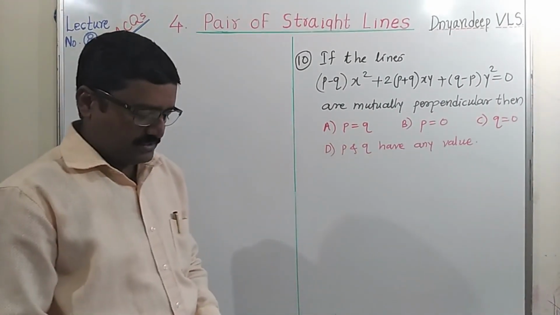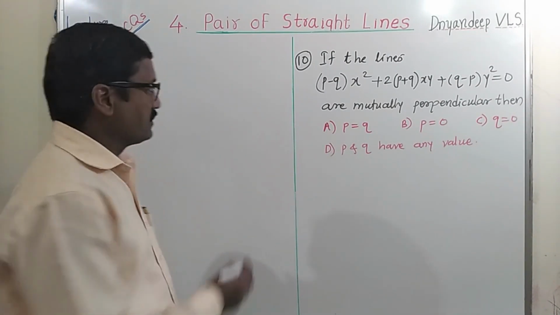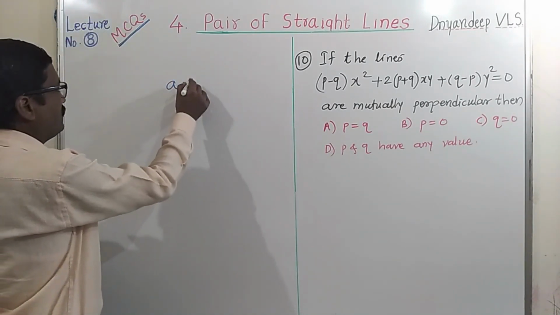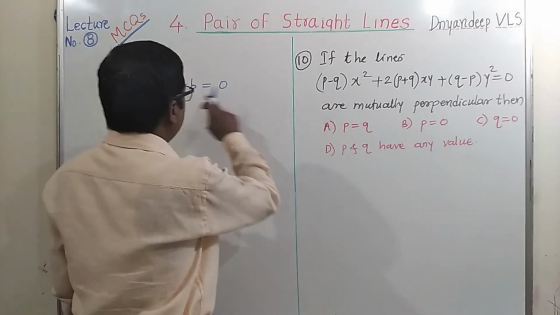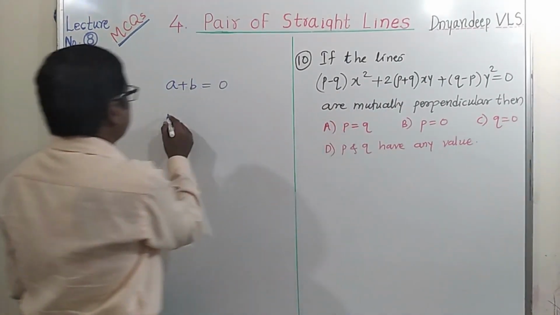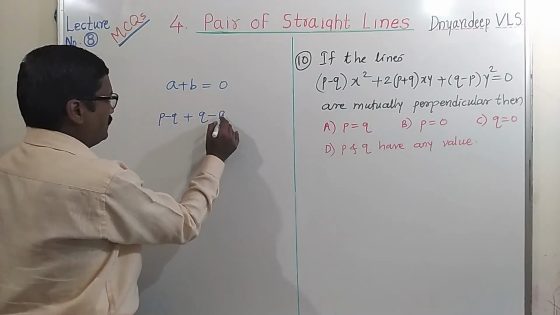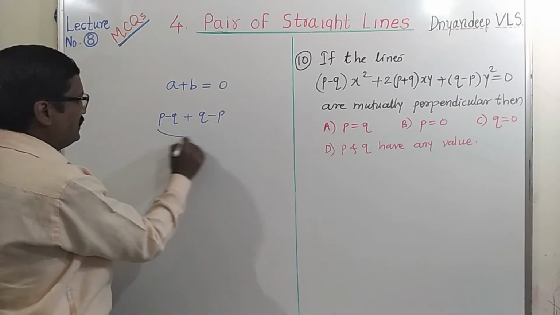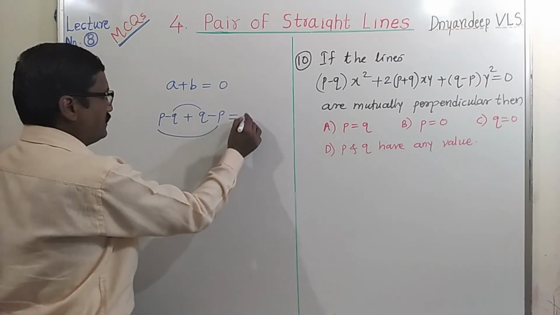Mutually perpendicular means the coefficients of x square and y square should be negatives of each other, or the condition for perpendicularity is a plus b equal to 0. Here a is equal to p minus q and b is equal to q minus p, means p minus q plus q minus p. Obviously p and negative p, q and negative q, their addition will be 0.